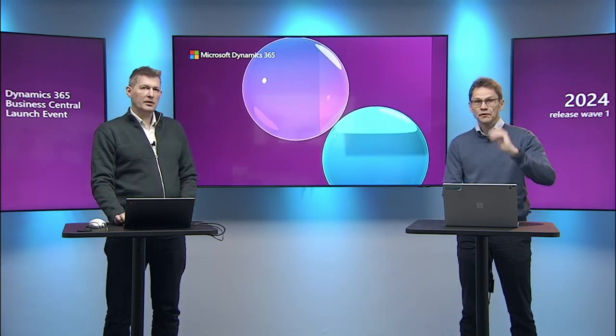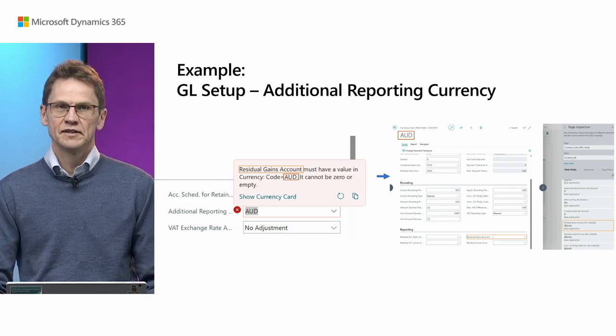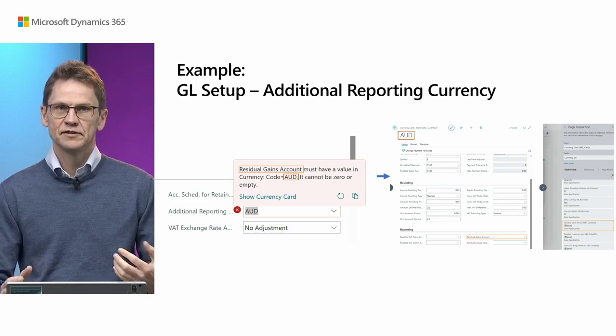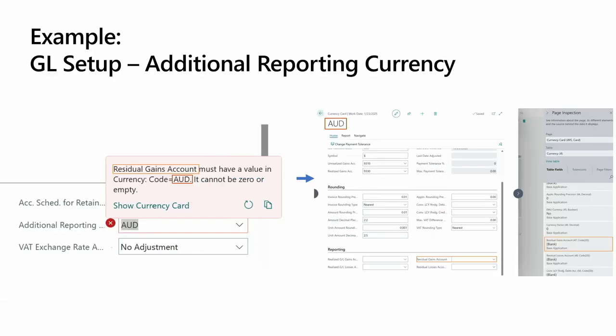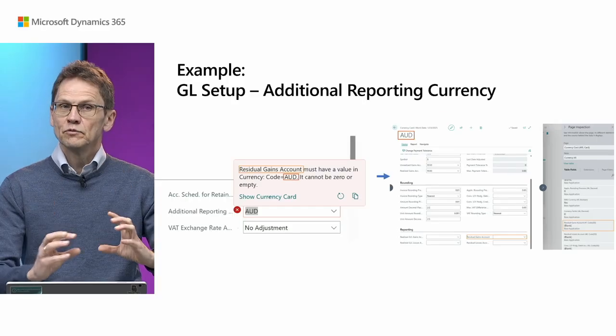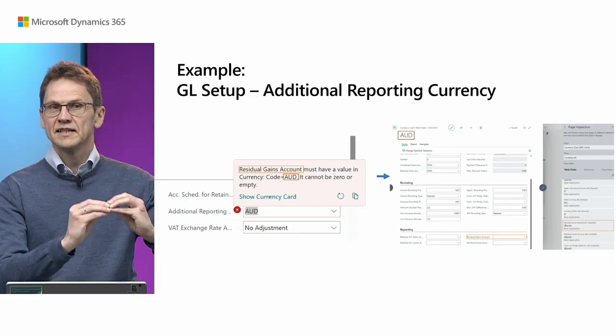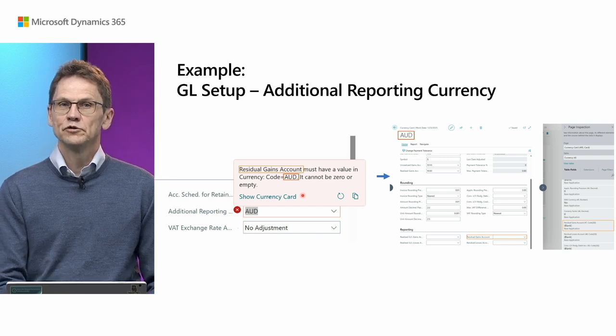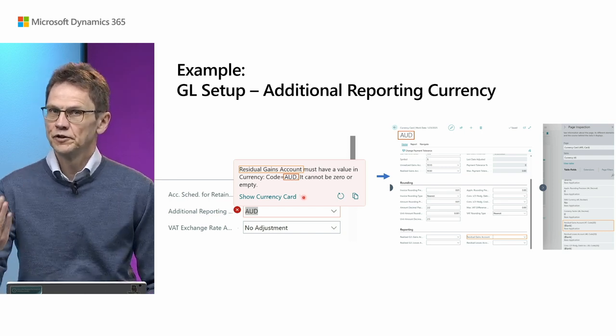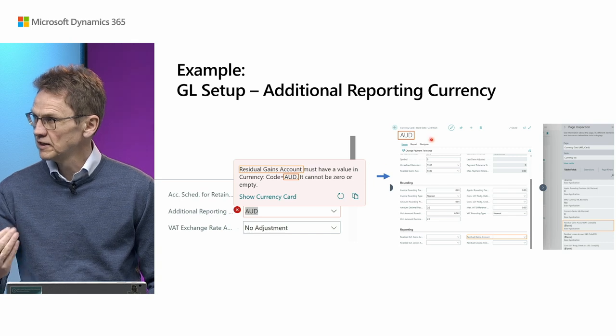Yes, and if you take here, in the general ledger setup, if you set up an additional reporting currency, then you might see this error dialog with residual gains account not being valid for this particular currency. Now, the runtime will automatically, in this case, add the show currency card link, which will take you to the currency card for the Australian dollars, the AUD in this case.